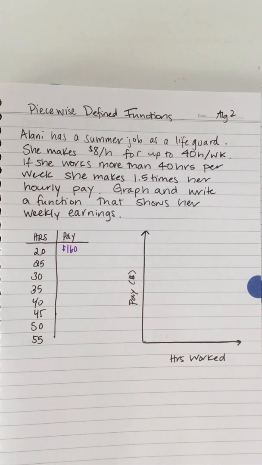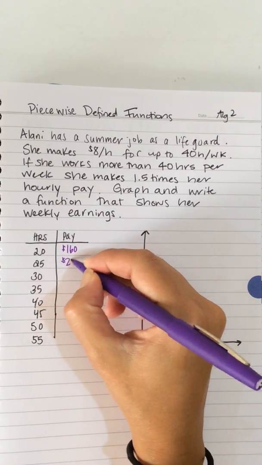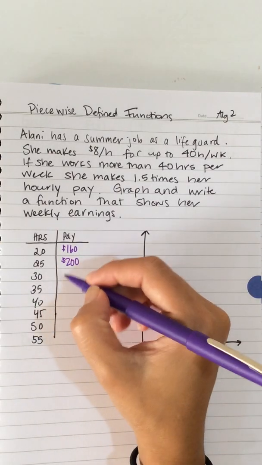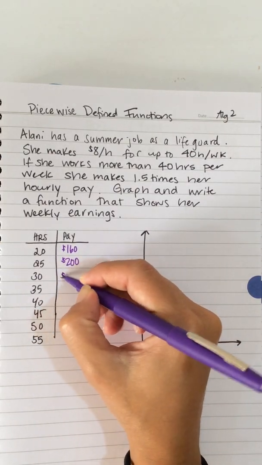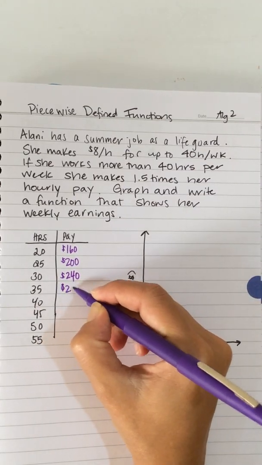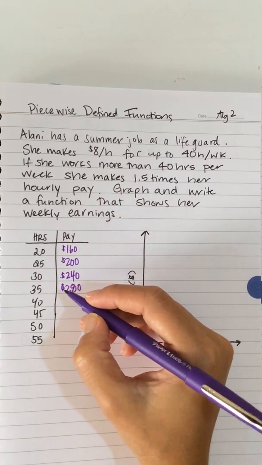If she works 25 hours, 25 times $8 an hour gives me $200. 30 hours, 30 times 8 gives me $240. 35 gives me $280.